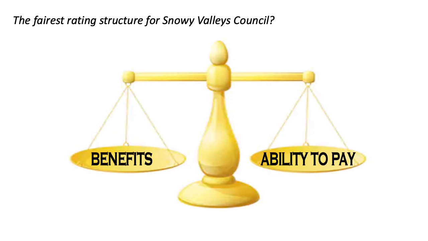So just quickly summarising the key points in this video, the question of the fairest rating structure for Snowy Valleys Council needs to be a balance between the benefits principle, everyone making a contribution for the value of the services that they enjoy, and the ability to pay principle. People with more ability paying more, less ability paying less, and equal ability paying the same amount.